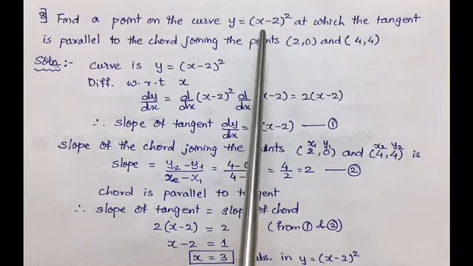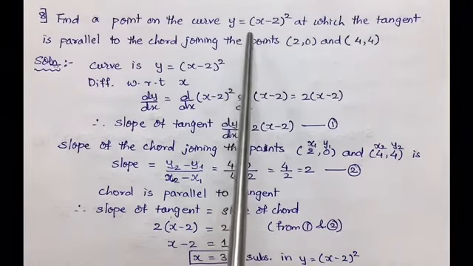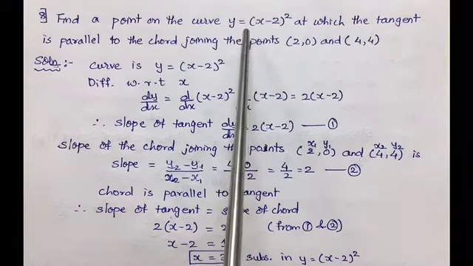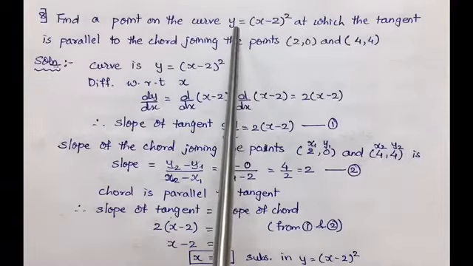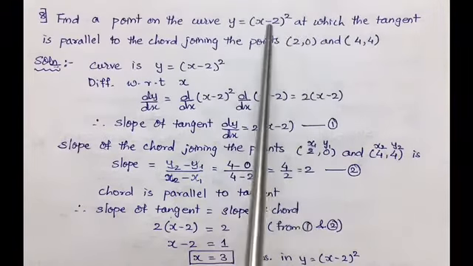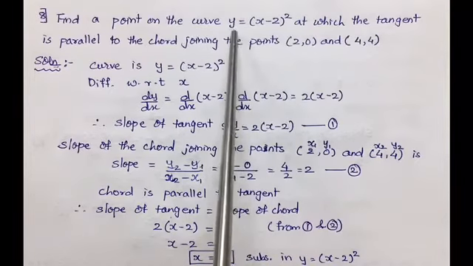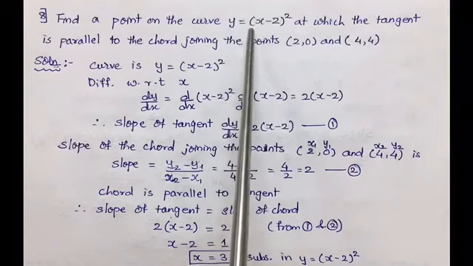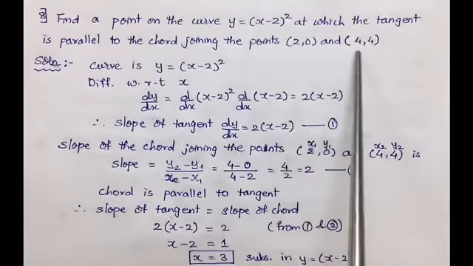Now the tangent is parallel to the chord, therefore as per the condition of parallel lines comparing their slopes, the condition is if the lines are parallel, the slopes are equal. So whatever will be the slope of the tangent, it will be equal to the slope of the chord.